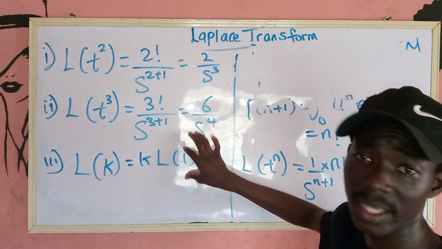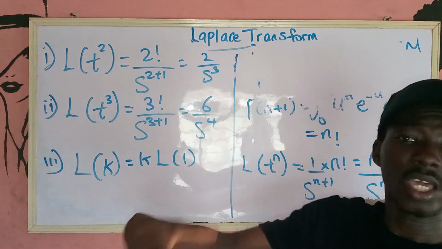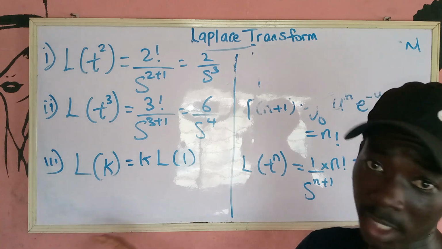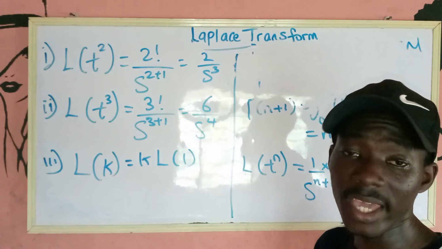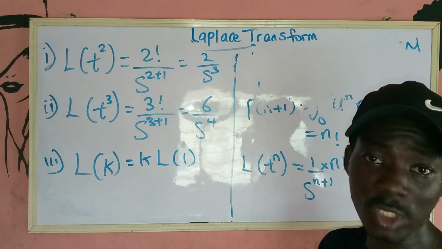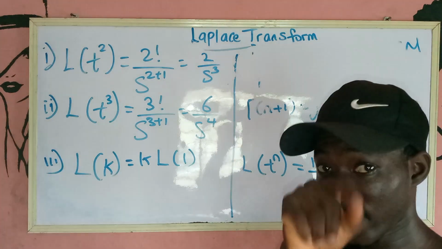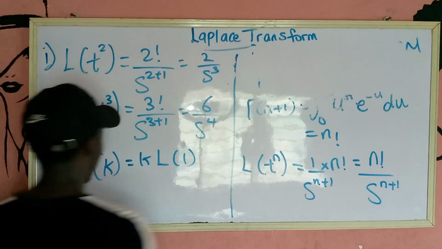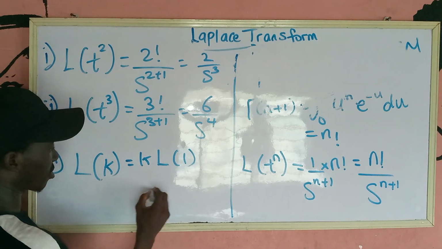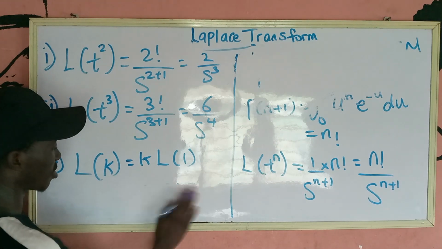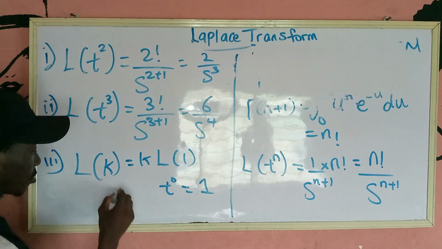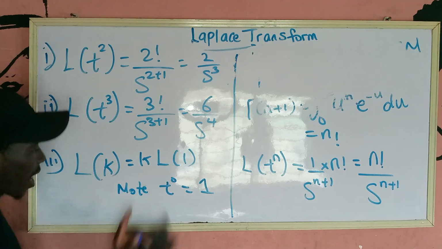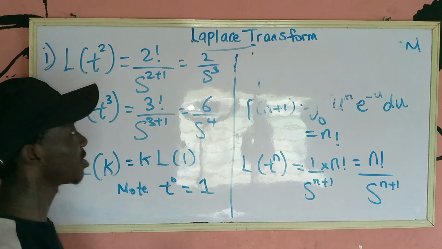So I'm left with 1. But I know 1 in mathematics is defined as a variable raised to power 0. That is what 1 is. t raised to power 0 is 1. Any number, any stuff whatsoever raised to power 0 is 1, except 0. So I can replace this 1 by t raised to power 0.